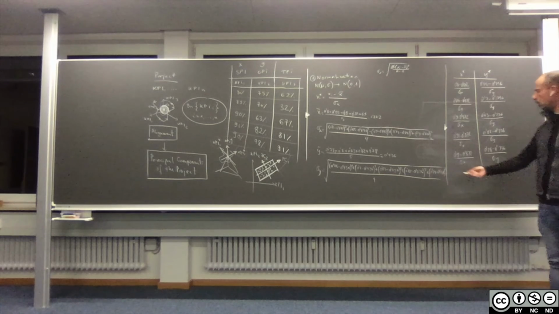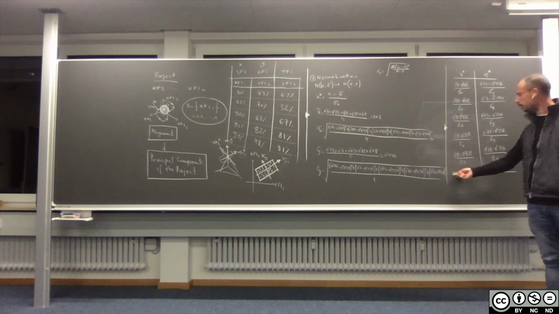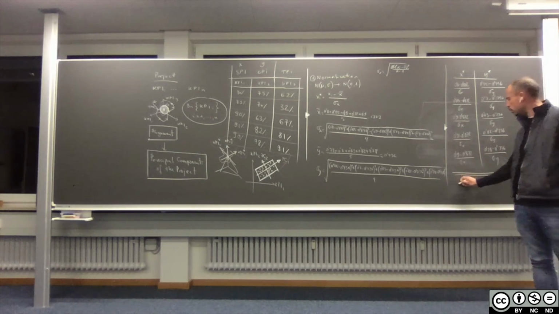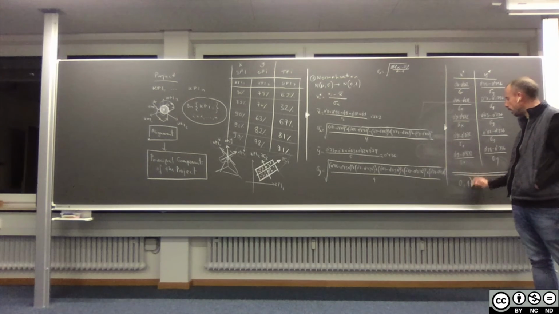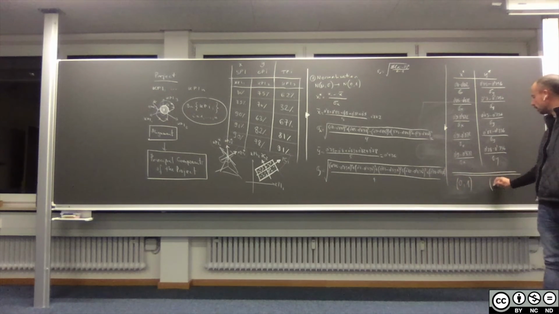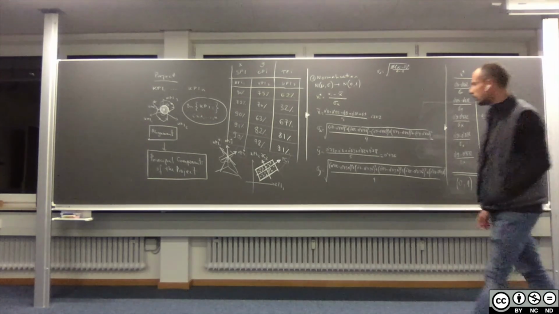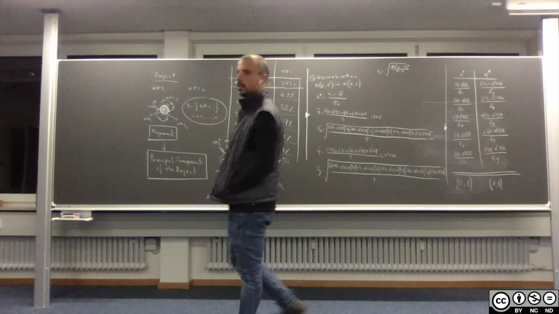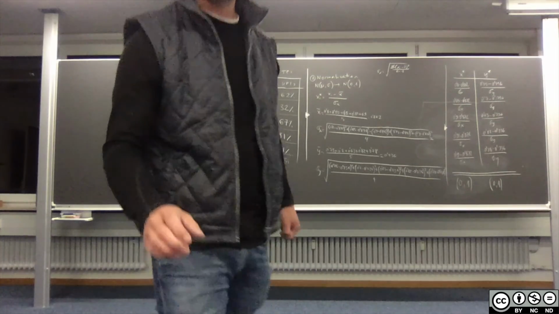Okay, so you now have a distribution with a mean value of 0 and a standard deviation of 1, and here the same. This is relevant for what we will see in a minute.